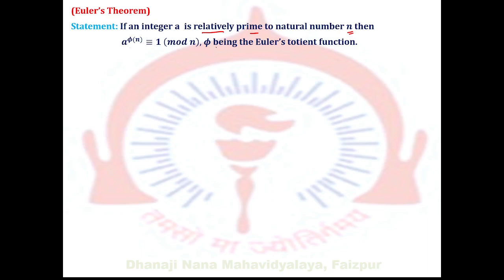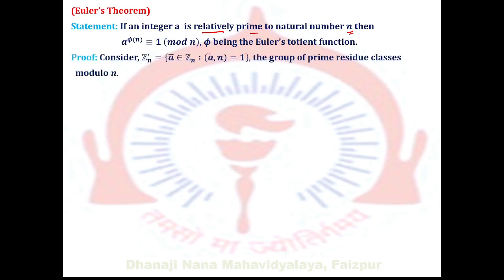Here phi is nothing but the Euler totient function, so that we have studied to calculate that group Zn dash. You see the proof of this one. So we know that Zn dash is nothing but the set of all a bar belongs to Zn, such that GCD of a and n is equal to 1. Means here it is the group of all prime residue classes modulo n. So we have seen the example of Zn dash.